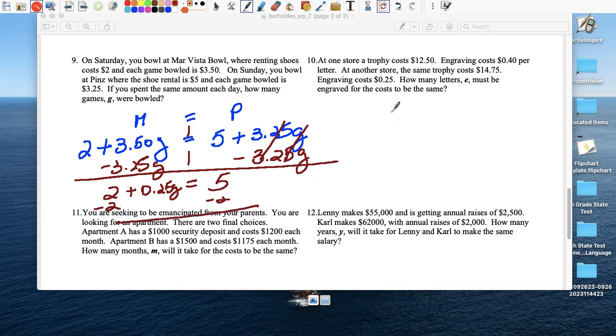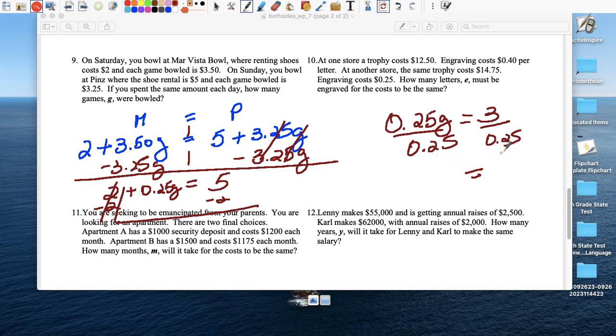We're going to have 0.25G left over because these two go away. And on the other side, 5 minus 2 is 3. Divide by 0.25. Divide by 0.25. How many quarters are $3? Well, that'd be 12.